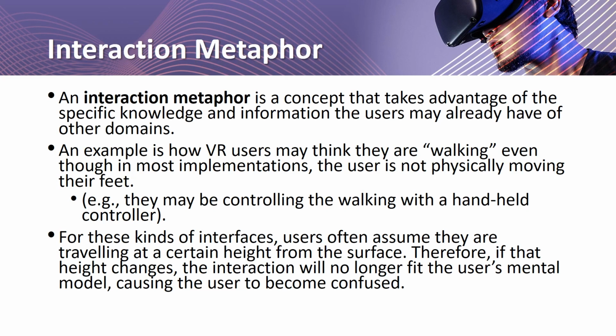就是说我们刚刚用的就是用那个控制器去做那个转移，就是身体的转移去另外一个地方。 For these kinds of interfaces, users often assume they are traveling at a certain height, on a certain surface. Therefore, if that height changes, the interaction will no longer fit with the user's mental model, mental size. For example, in this space, I don't have a real understanding.